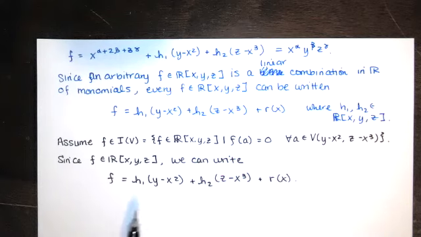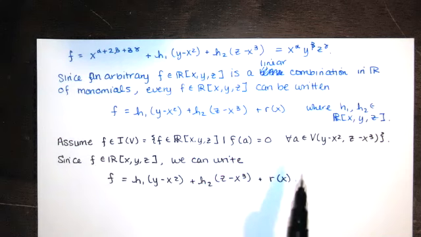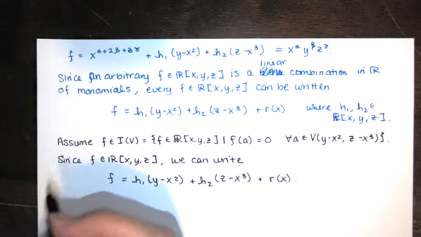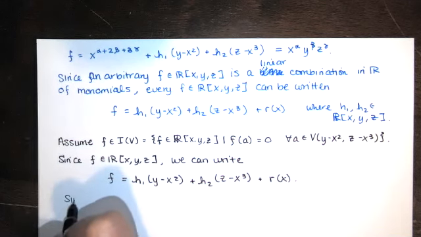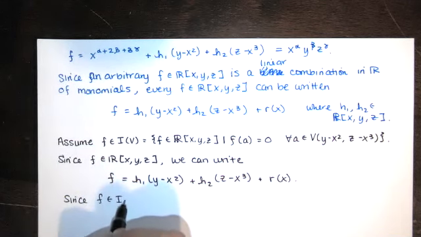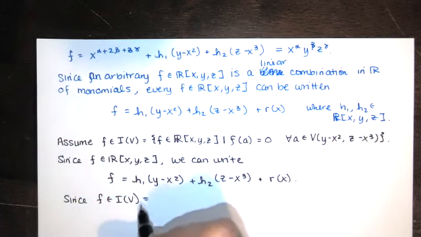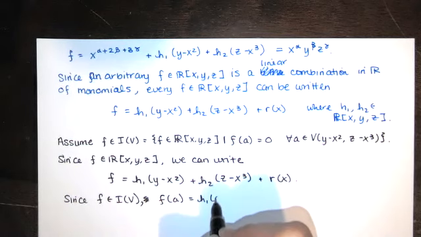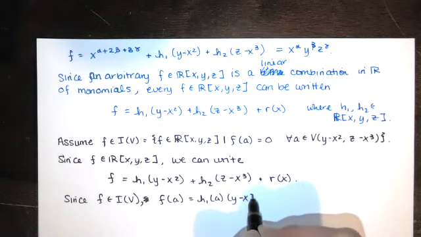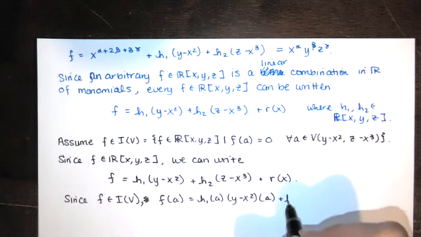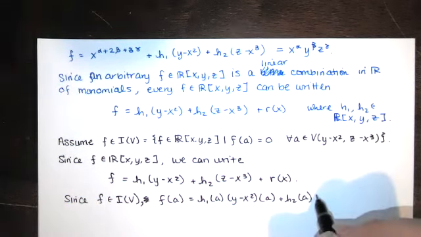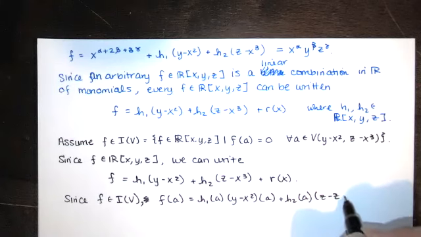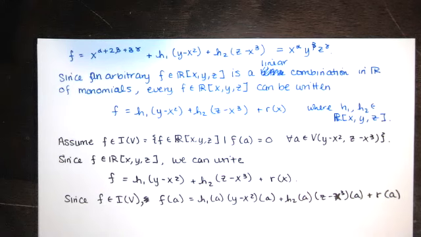Well, since this belongs to this set and it can be written this way, and f of a is equal to 0, then that means this function evaluated at any point a in our affine variety is equal to 0. So that would be f of a is h1 of a times this polynomial evaluated at a plus h2 of a times this polynomial evaluated at a, plus r evaluated at a.